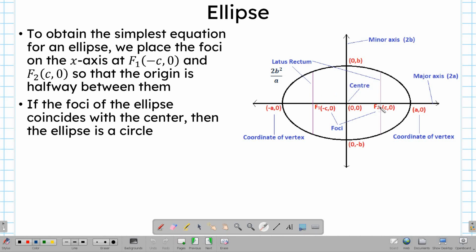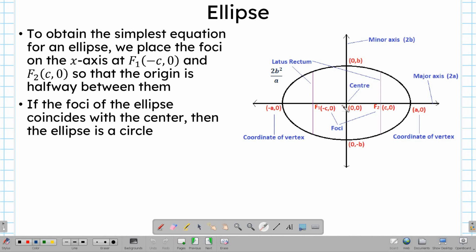In the event that the foci of the ellipse coincide with the center, then the ellipse is a circle. That's why in the parts of a circle, we don't have any foci. But once the foci move apart and do not coincide, it's not a circle anymore, but an ellipse.